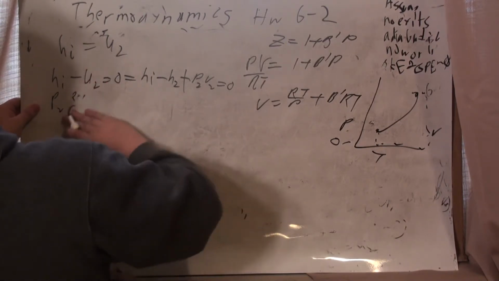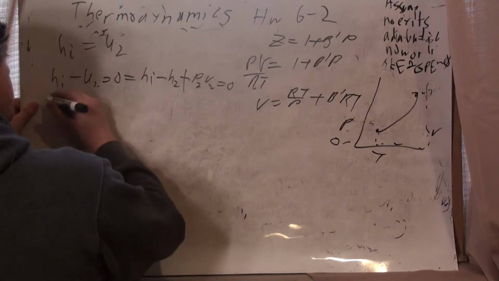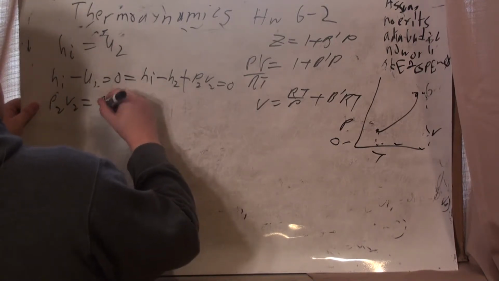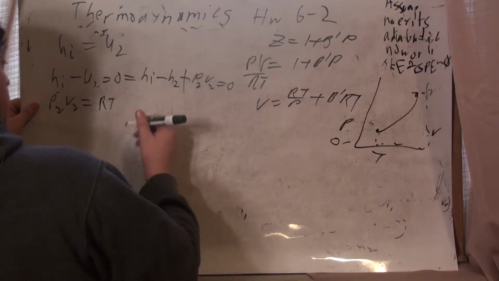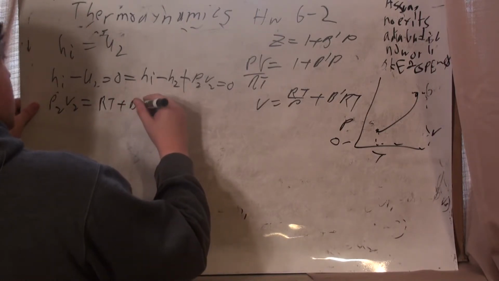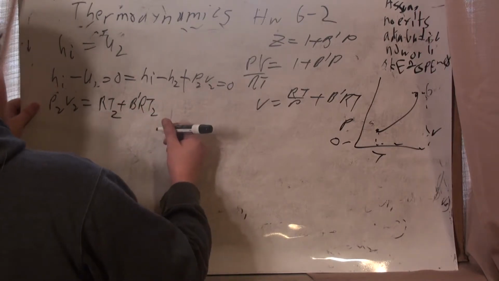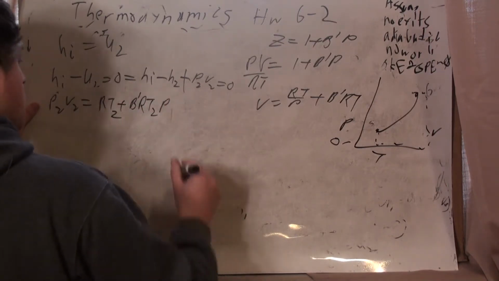Our P_2V_2 basically becomes P_2V_2 equals RT plus B prime RT_2 times P_2.